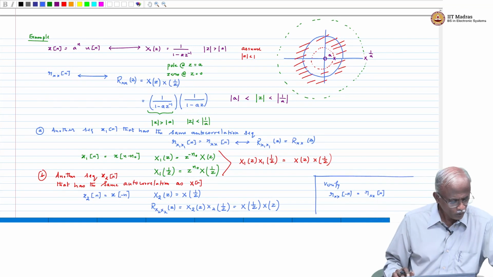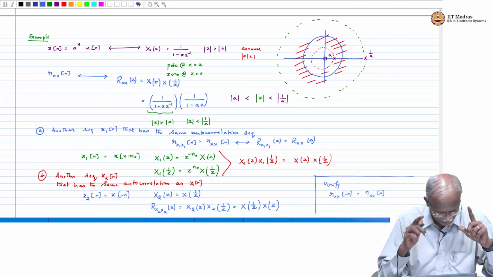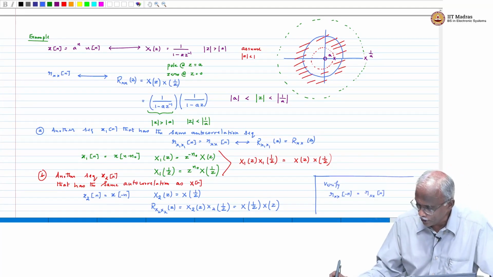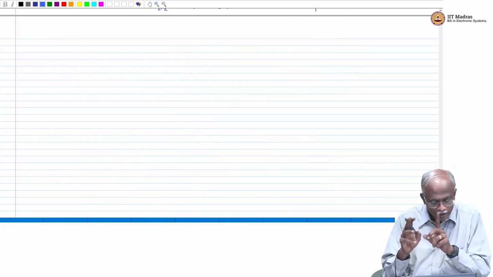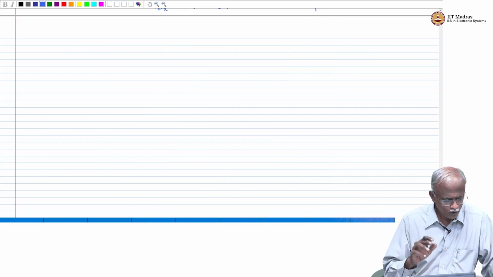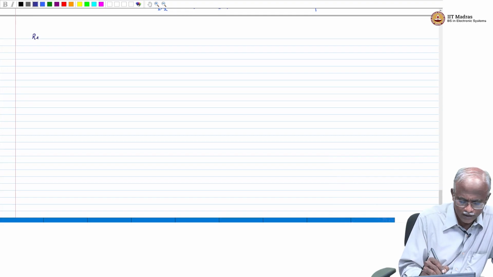All right, so we are ready to look at some of the more important aspects, and to prepare for our discussion on the inverse Z transform, a couple of more results will be helpful for us. So here is that additional result, some results that are useful for us to make a note of.